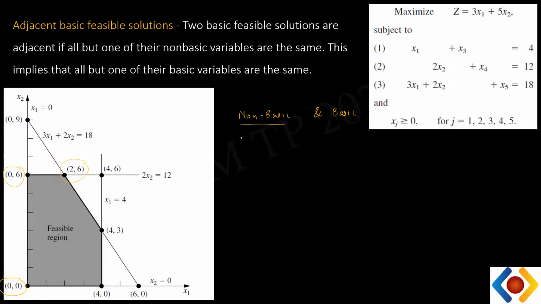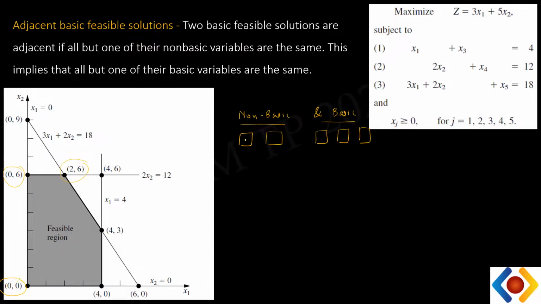2, right? So I'm just making 2 boxes here. Okay, how many basic variables are we going to have? 3 for our example. Now, when are we going to say that the 2 solutions are adjacent? So for that, the condition is all the non-basic variables except 1 should be the same. Now in this case, there are just 2.